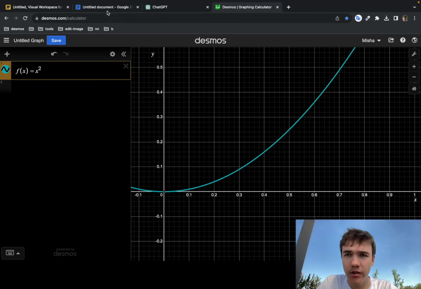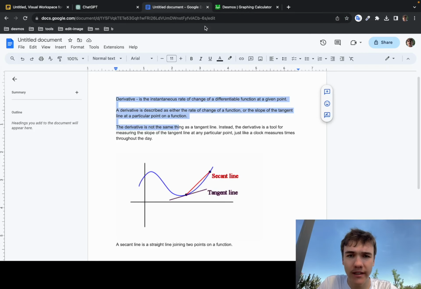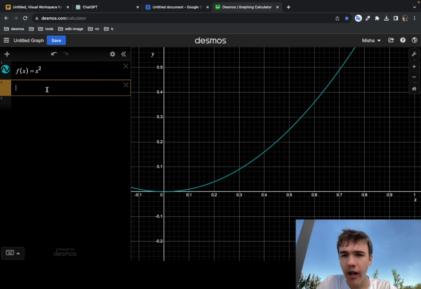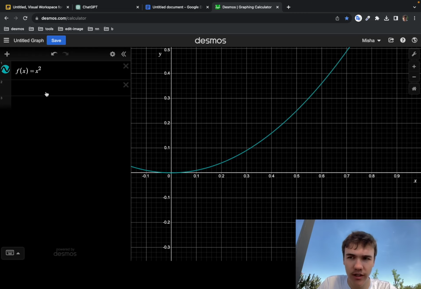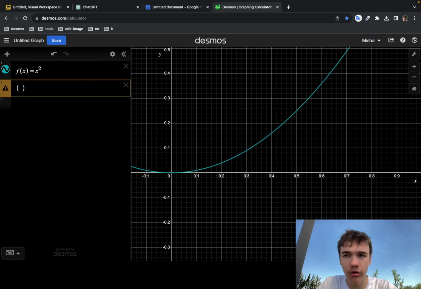First, I want to make a secant line. We need to choose two points. In Desmos, how we can do this is to just use the parentheses, the brackets, and into these brackets put a point. For example, if I want to use the point 0.2 and f of 0.2, I put 0.2 as the x.